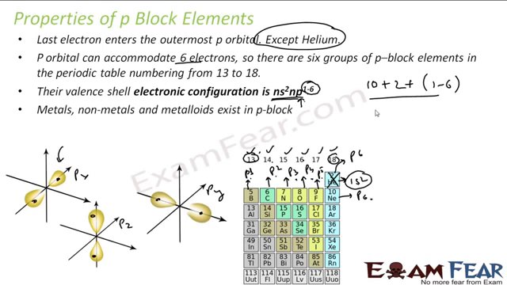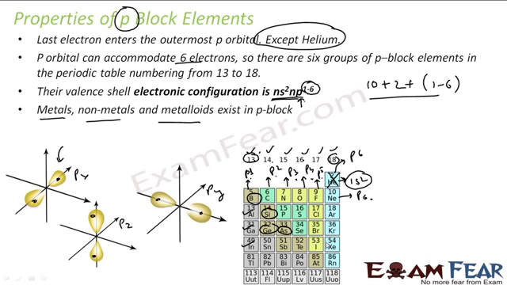And one more good part about the p block elements is a very unique part: you have metals, non-metals, and metalloids. All these 3 exist in this p block. If we talk about the metals, aluminium is a metal, right? Gallium is a metal, indium is a metal. All these are metals actually. If we talk about metalloids, boron is a metalloid, silicon is a metalloid, germanium, arsenic, these are all metalloids.